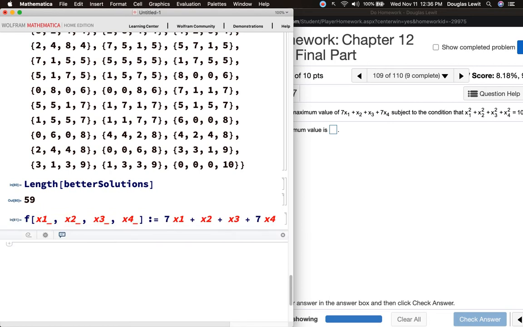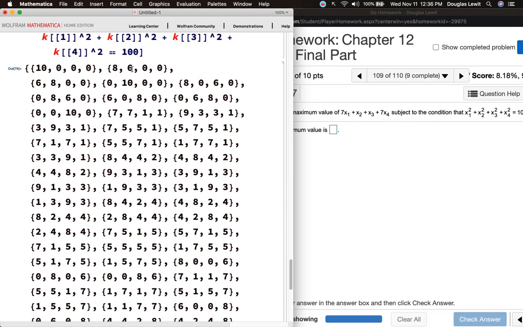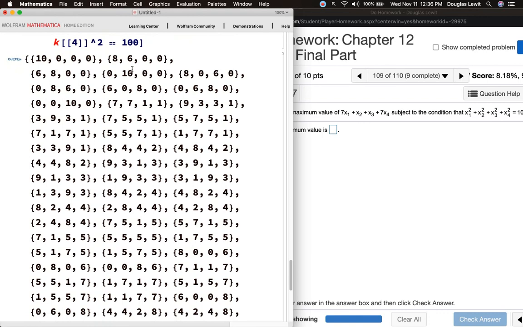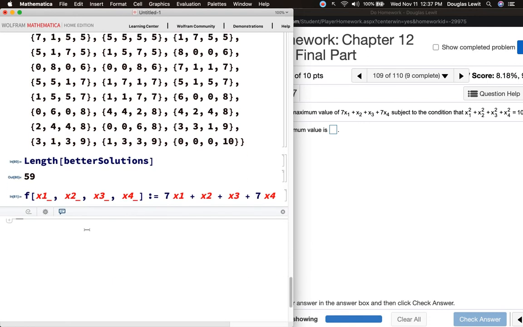Okay. Then I need to apply this function to all of these values and see which one is going to give me the maximum. So to do that, I could do something like this.